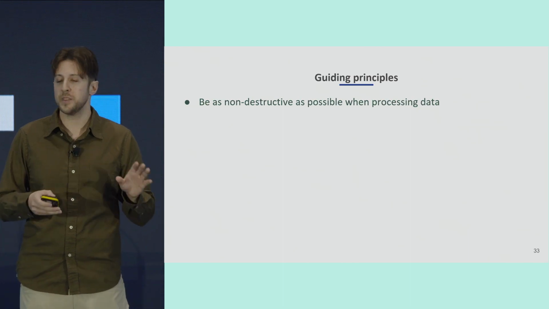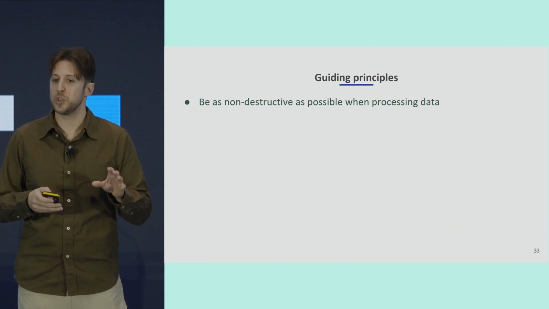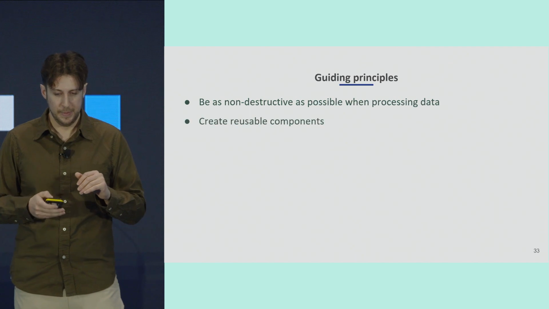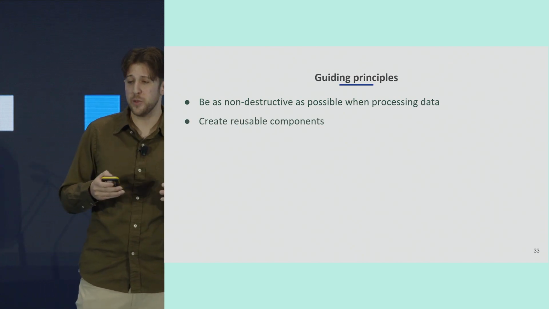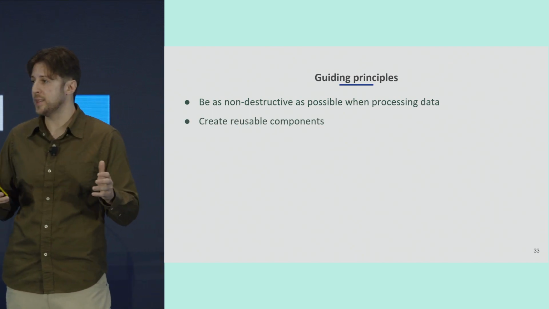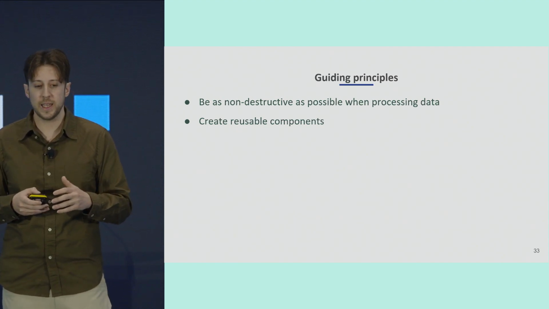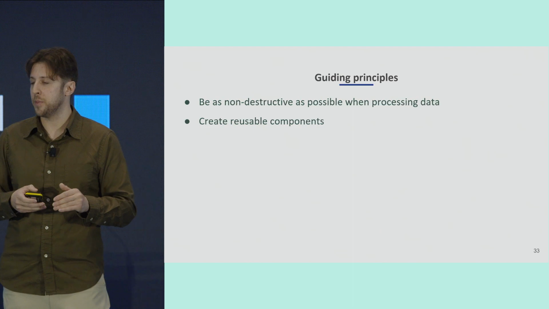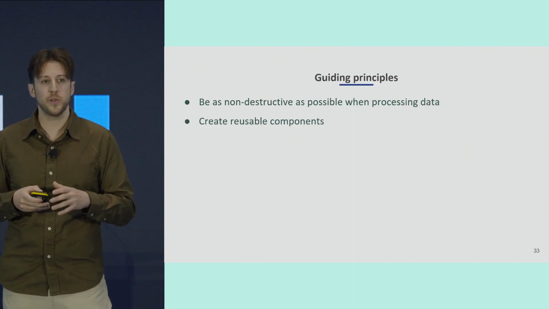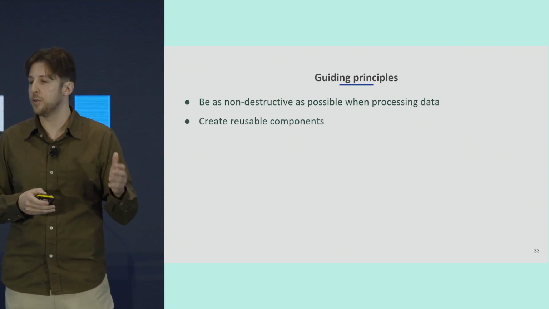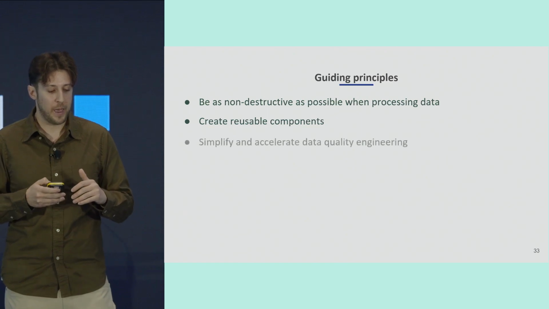So just be non-destructive and preserve as much data as possible. We also want to create reusable components. So if we solve a problem once, if we have a really great converter or a processor parser that we like, we want to turn that into a reusable component in our component library, and so it can be used in all later and future pipelines.